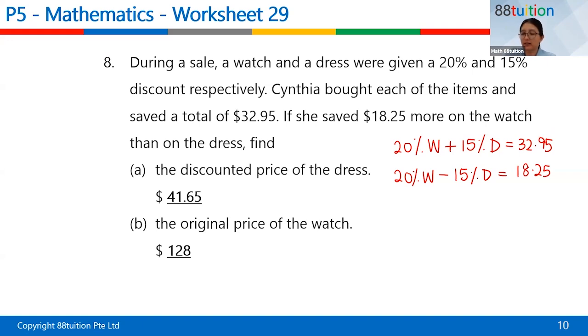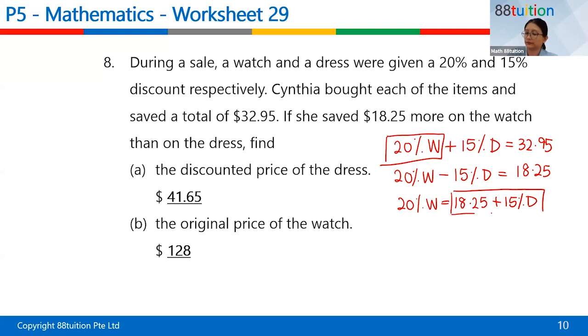If you want dress, that means you don't want watch. I will shift this thing. So 18.25 plus 15%. Right? What I'm going to do is I'm going to replace this with this, because they are same.